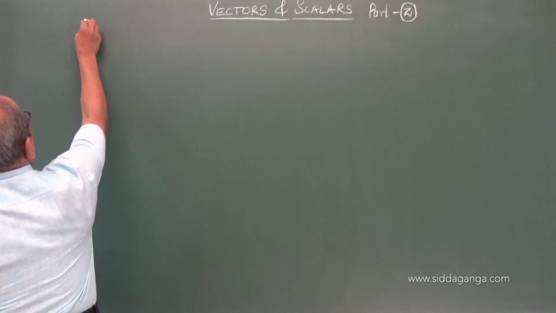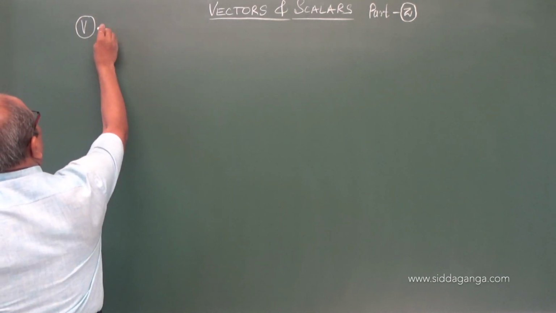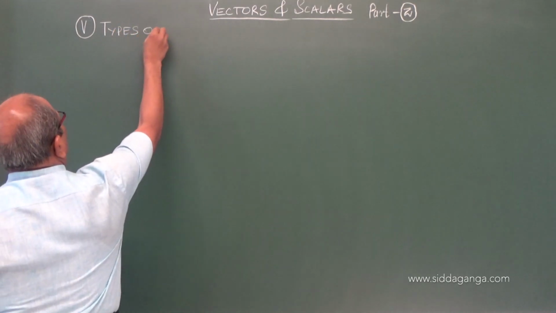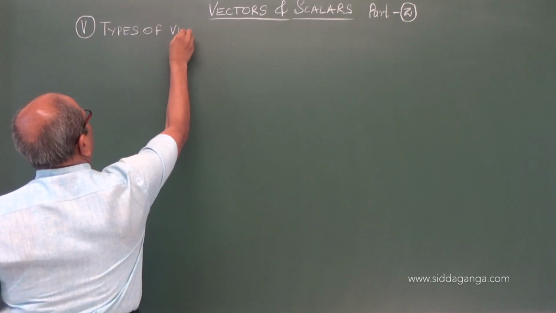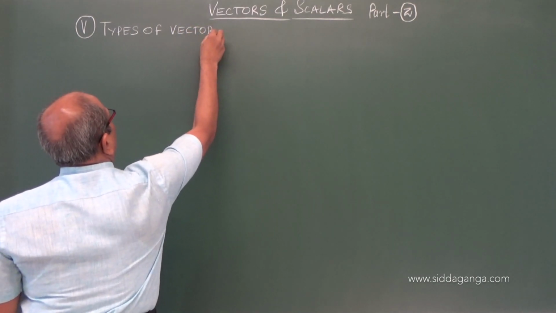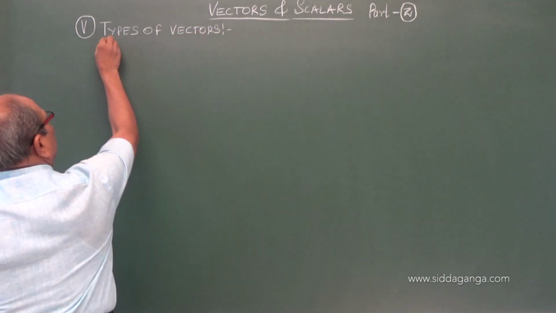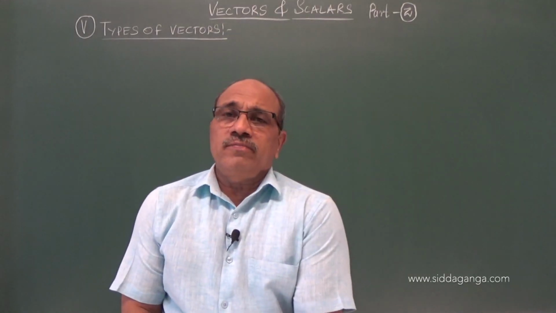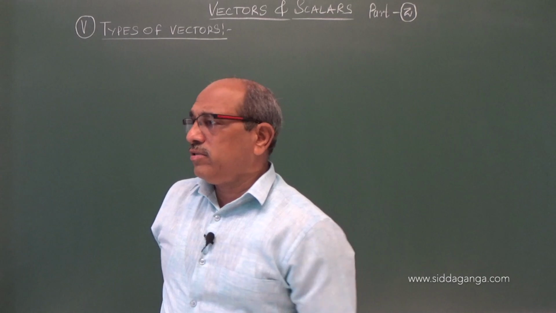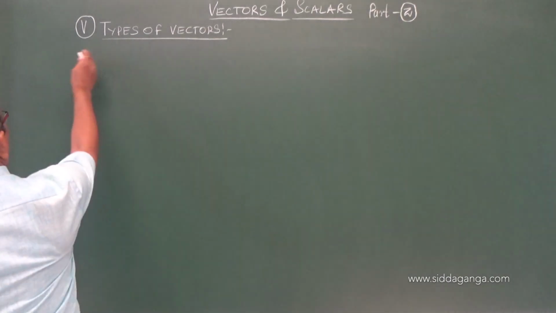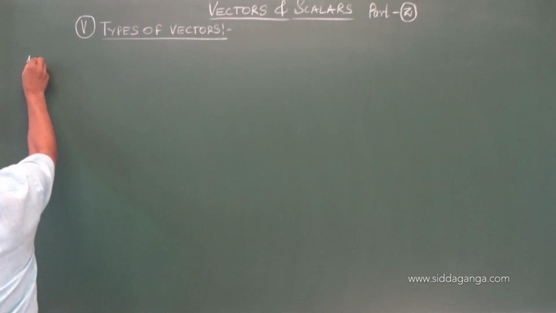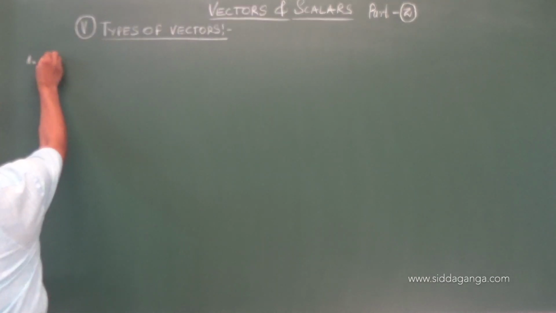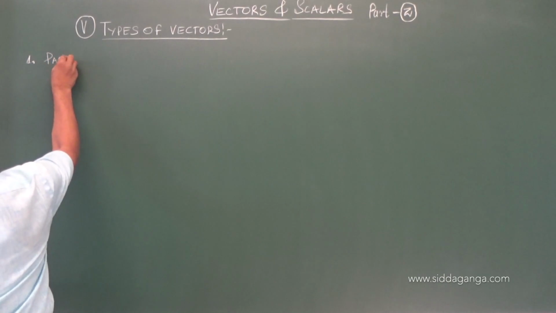So the fifth one, introductory parts, types of vectors. First, let us take the first one as parallel vectors.